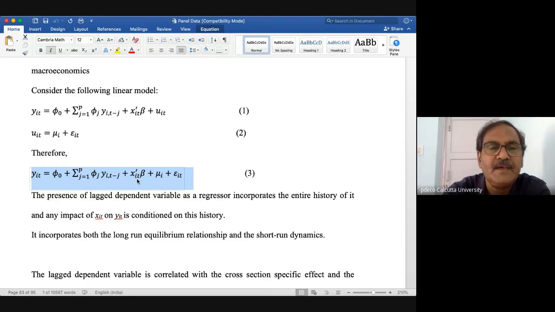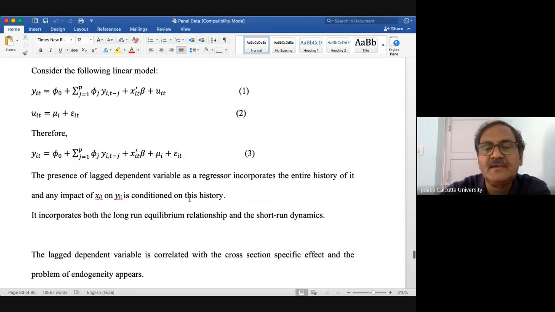So the basic implication of a dynamic model is we can analyze the entire history of the dependent variable and any impact of x_it on y_it under the condition that we have incorporated the historical behavior of the variable.